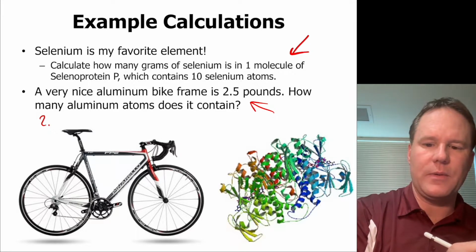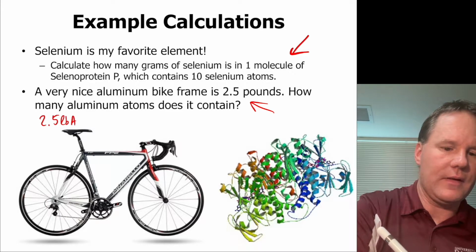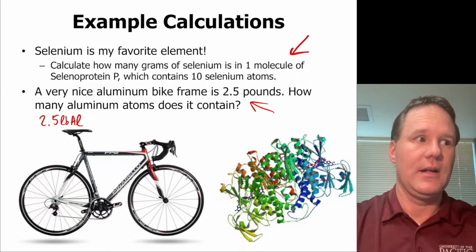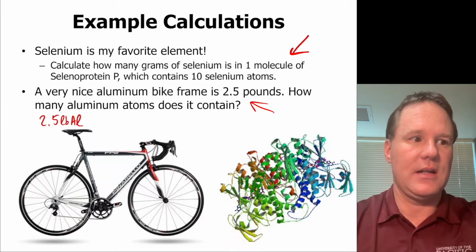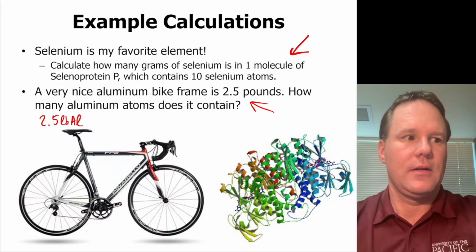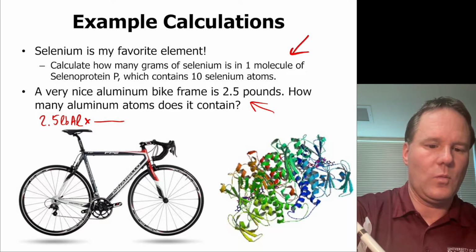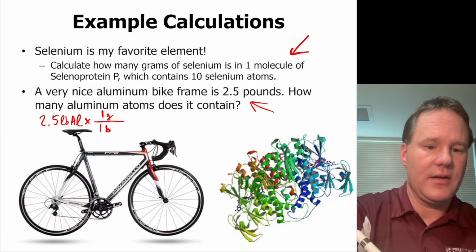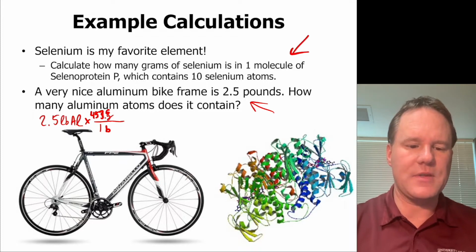So I start out with 2.5 pounds of aluminum, right? And let's look up how many grams is a pound. The conversion is 1 pound is 453.6 grams.